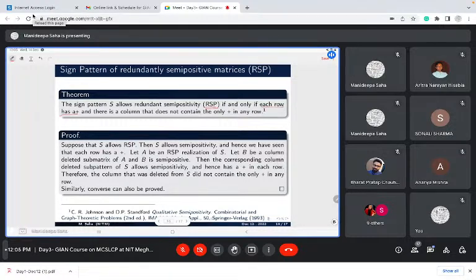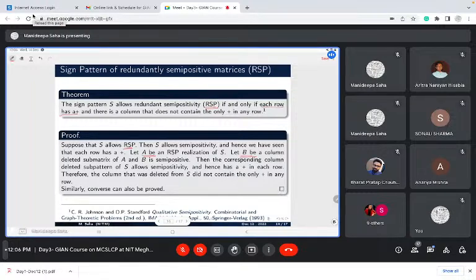Let A be a redundant semi-positive matrix with sign pattern S. That means I should be able to find a matrix A which is redundant semi-positive and which has the sign pattern S. Suppose I consider another matrix B, a column-related submatrix of A, and B is semi-positive.